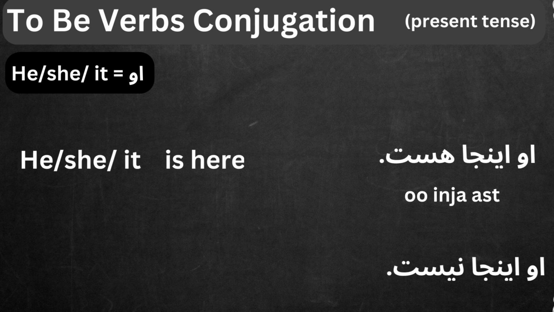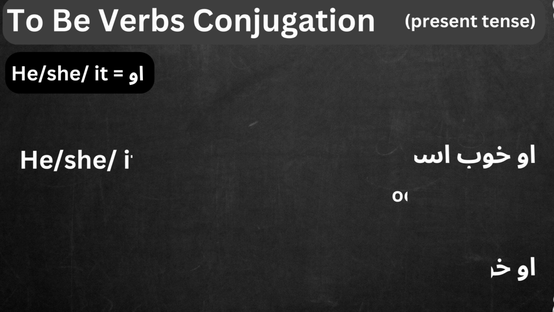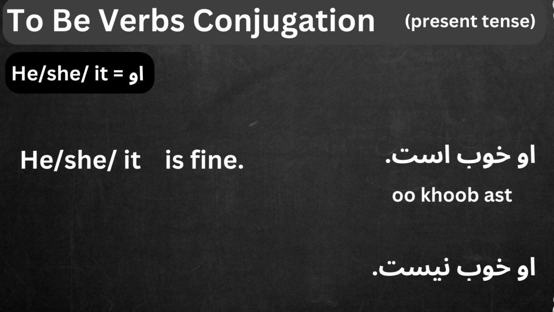Examples with he, she, it. Or in Dari او. او اینجا هست. He is here. She is here. It is here. To change it to negative, you can just say او اینجا نیست. او خوب است.